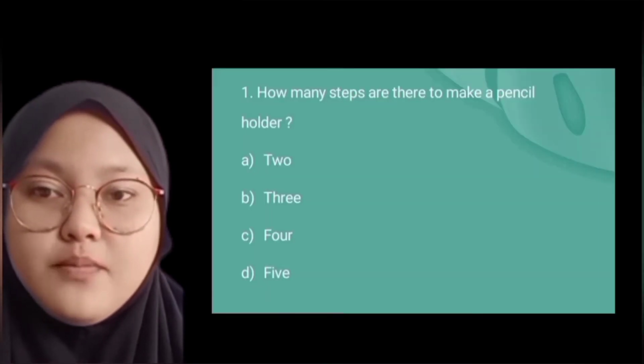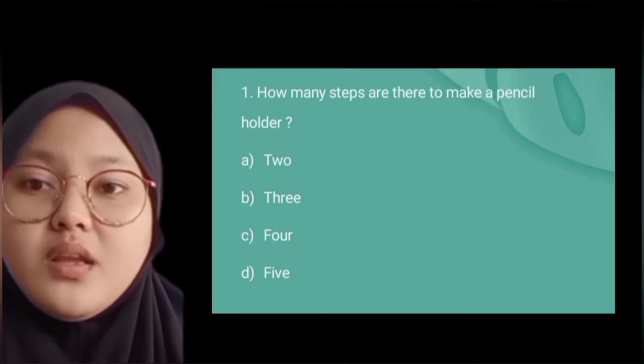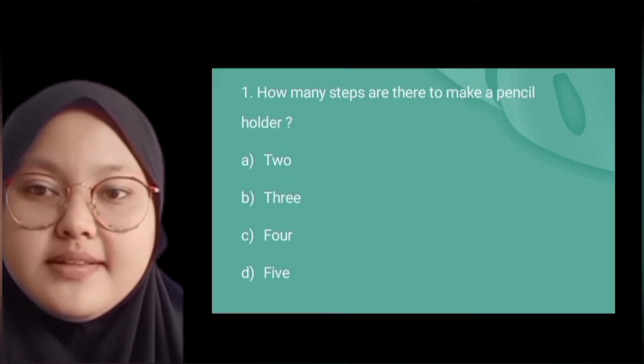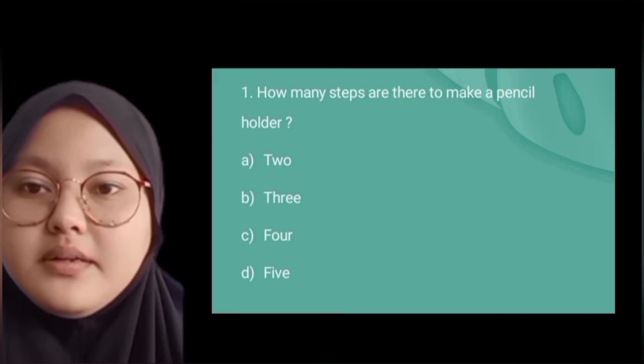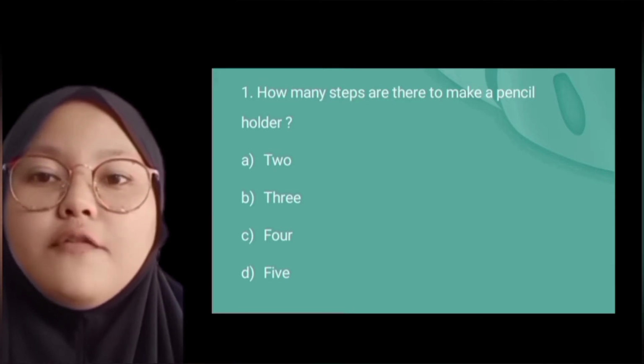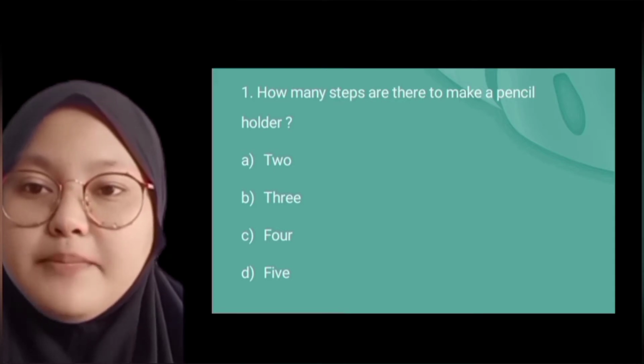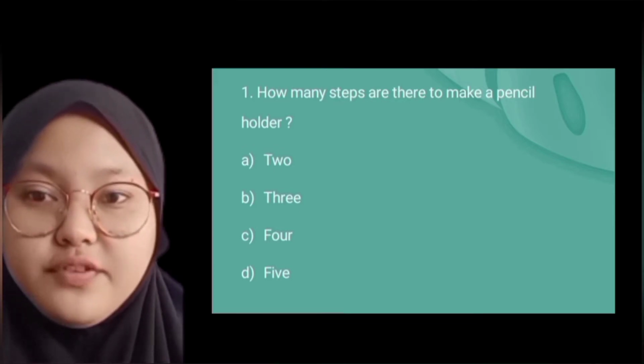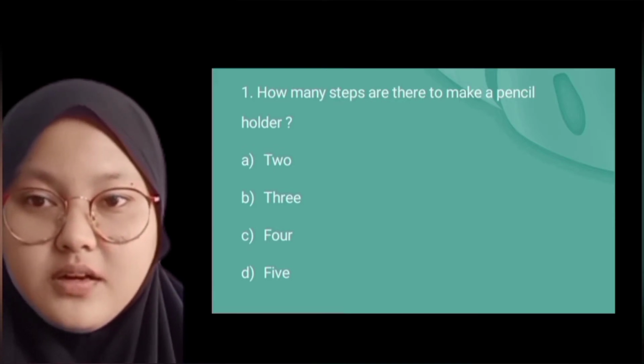Okay, next we continue to the questions part. There are 7 questions for this procedure text. The first question is, how many steps are there in this procedure text? To answer these questions, we can see in the steps part. We can see with the keywords of the temporal conjunctions, such as first, second, next, and finally.